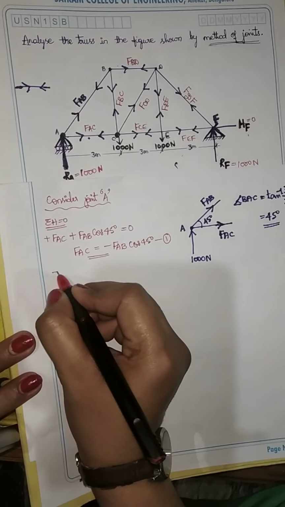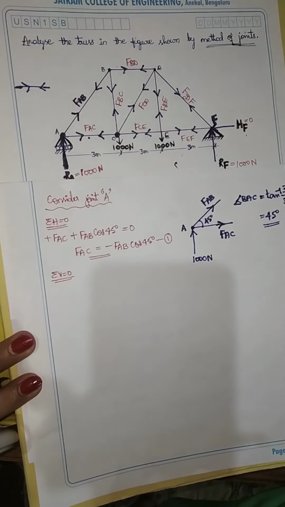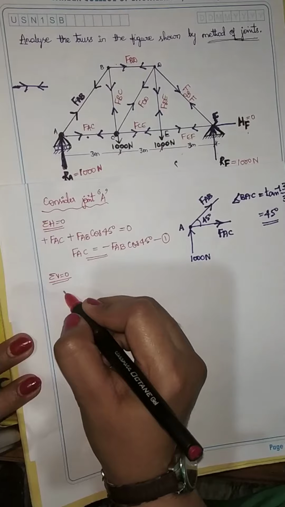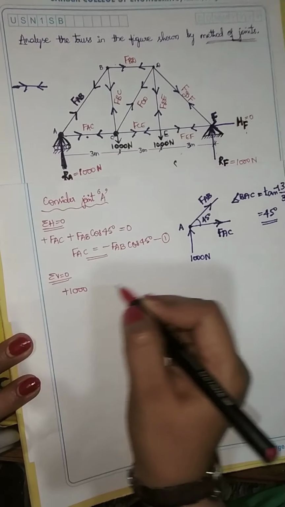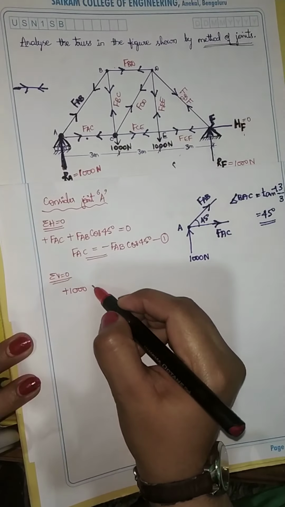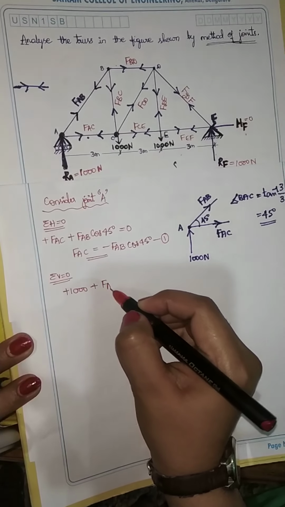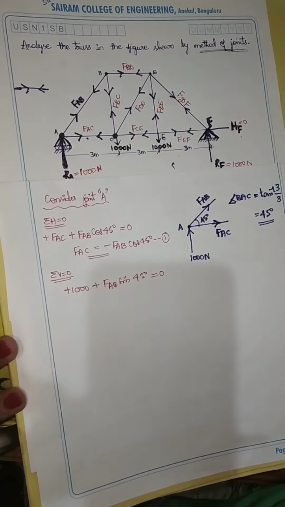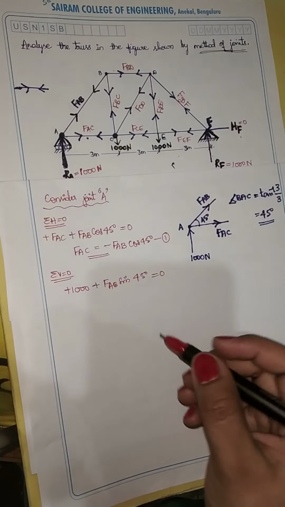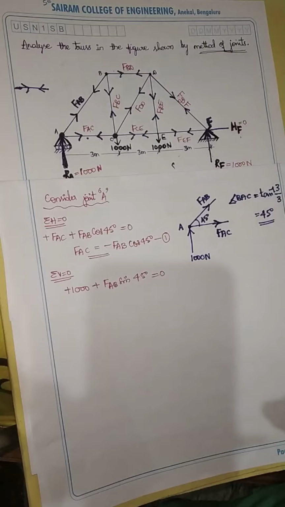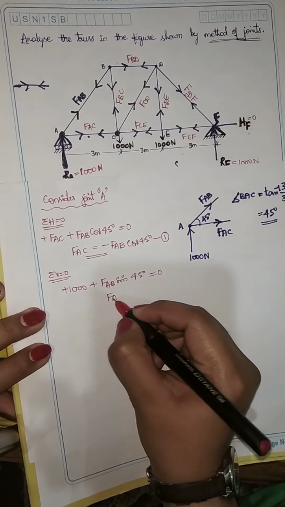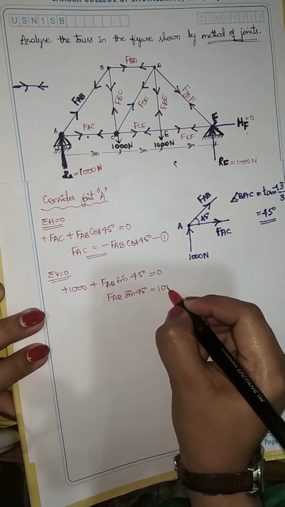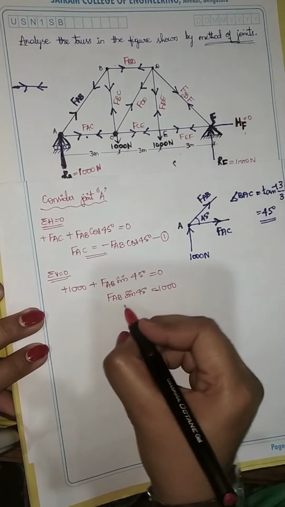Next, sum of V is equal to 0. We select all the vertical forces. First, plus 1000, and this inclined force is also moving upwards, FAB sin 45 degrees, is equal to 0. Therefore FAB sin 45 degrees is equal to minus 1000.